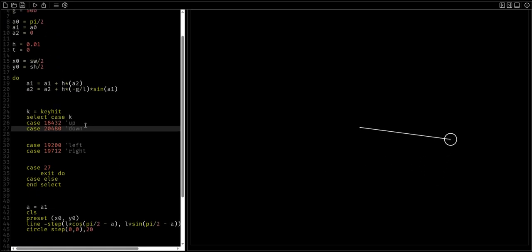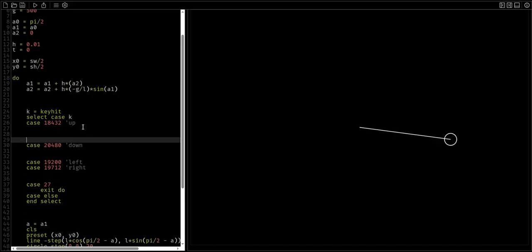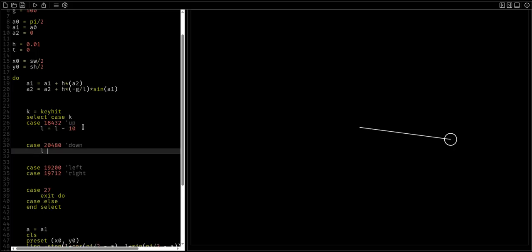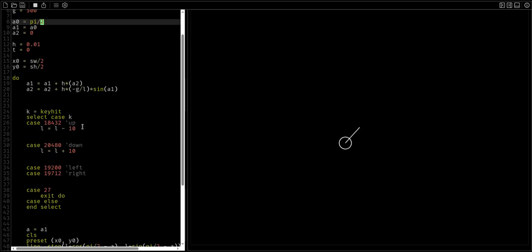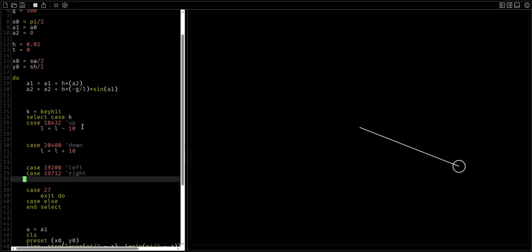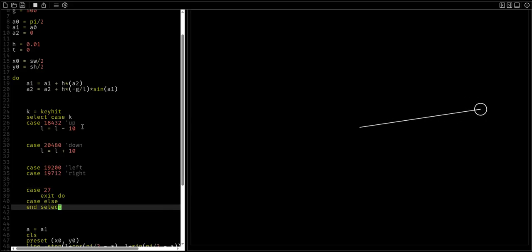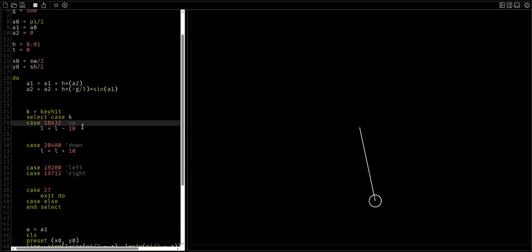So let's try that. Press up, our length decreases by some number, and if we press down it increases. And we see that the change took.